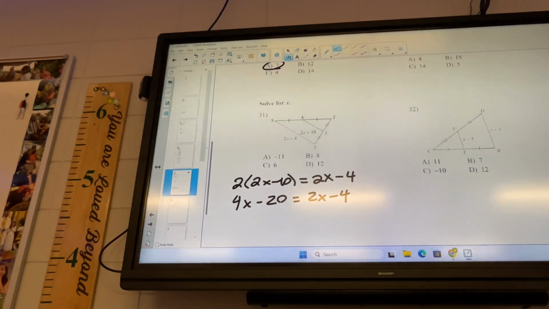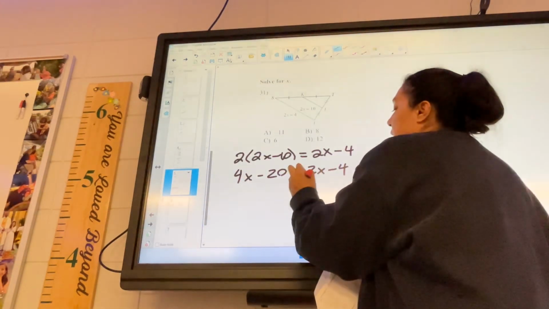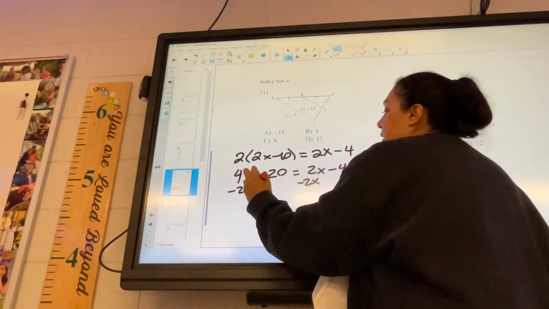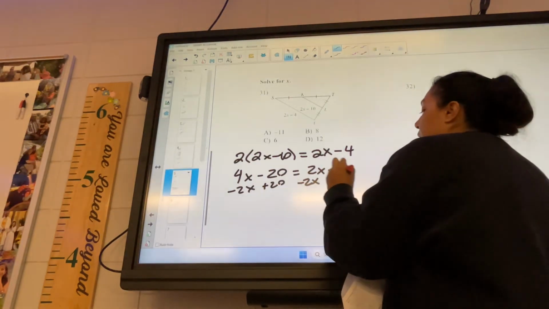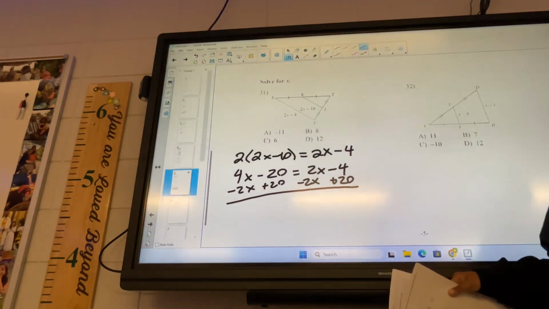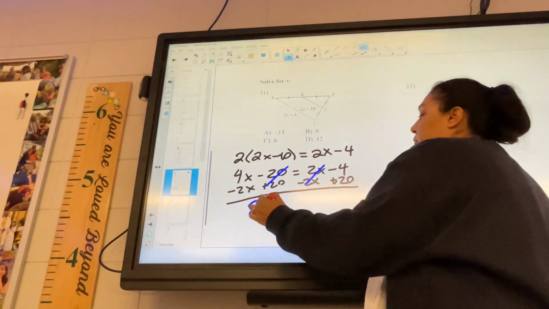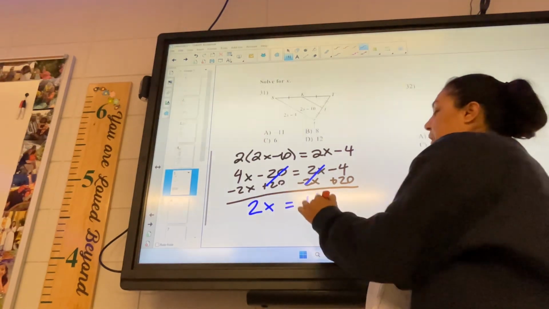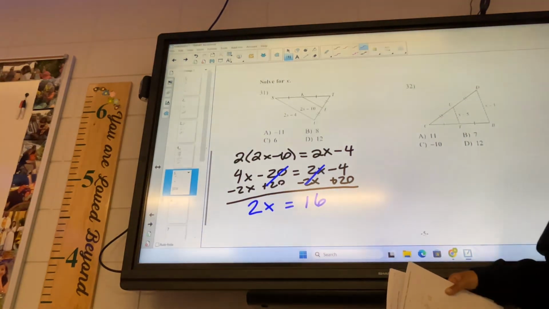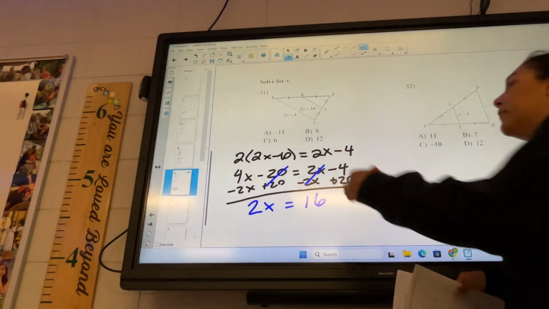We're gonna move our letters to the left and the numbers to the right. So I'm gonna say minus 2x, plus 20, and plus 20. Okay, I can cross out the 20s and the 2x's. I'm gonna get 2x equals 16. Divide by 2, and it would equal 8.